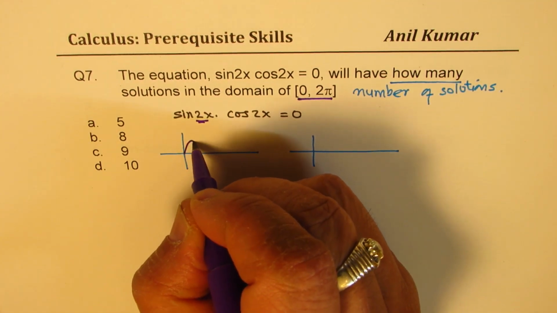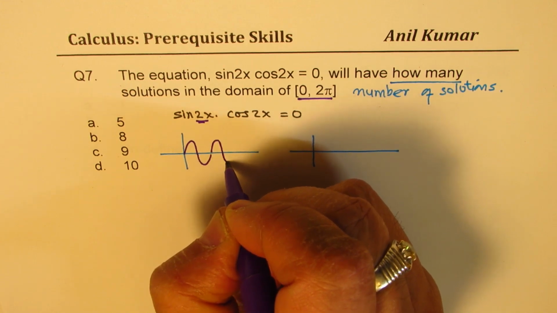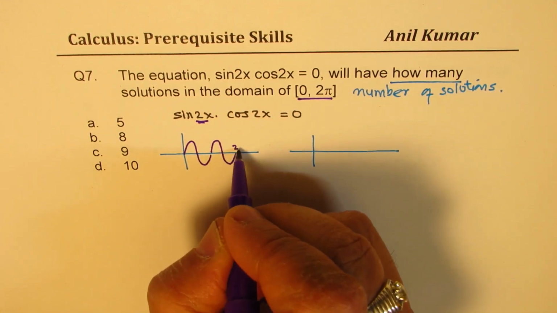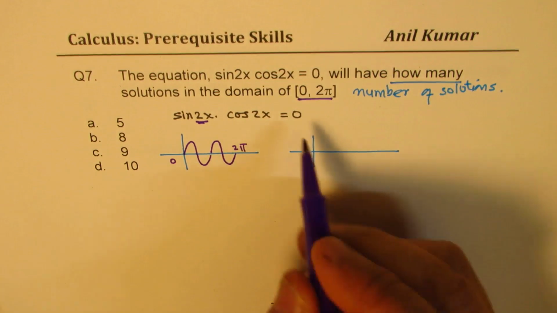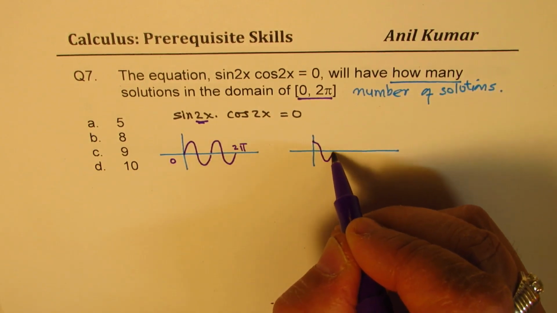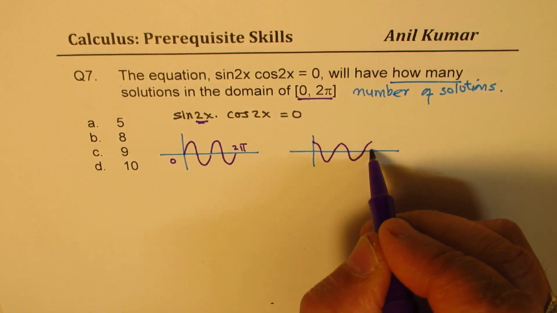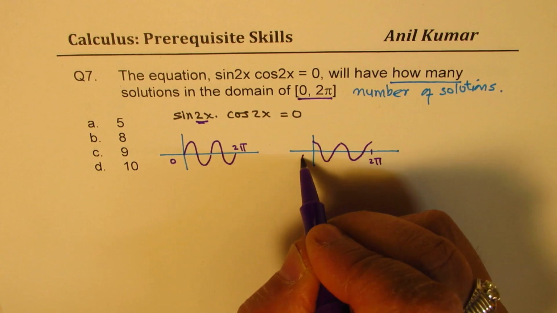So it will be one wave and the second wave. For cos 2x, again, there will be 2 waves. So that is one wave and then the second wave, right? So this is 2 pi for us.